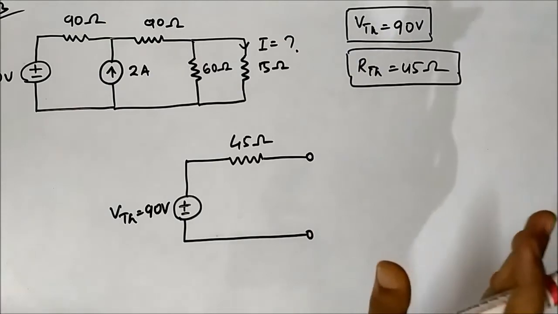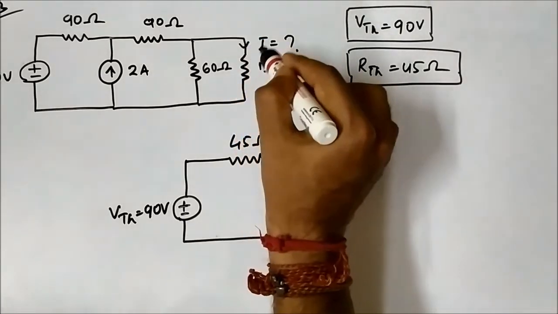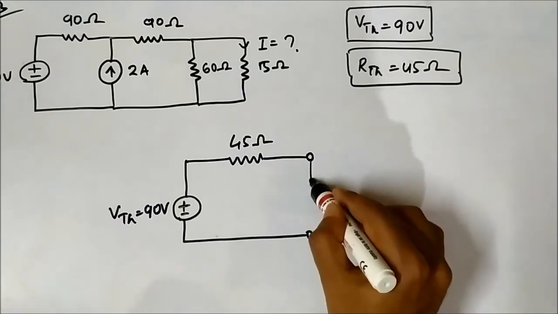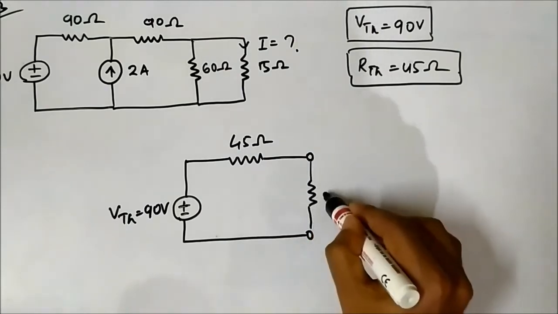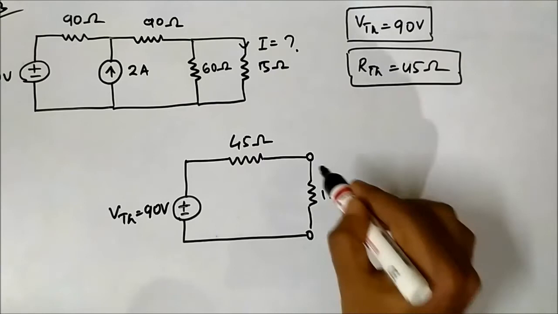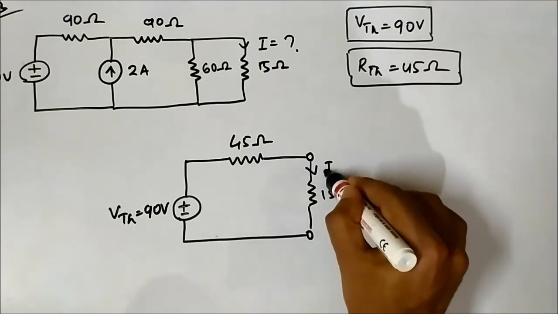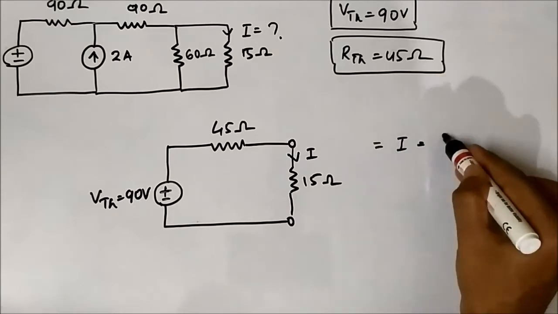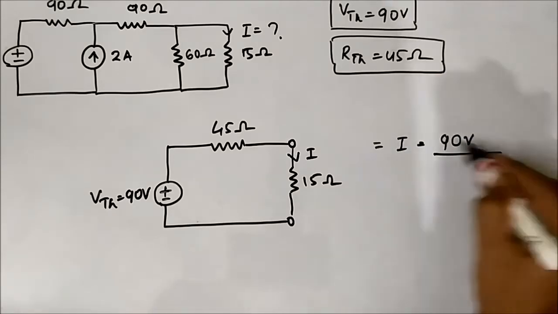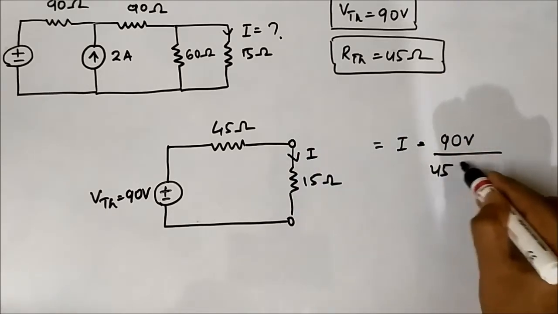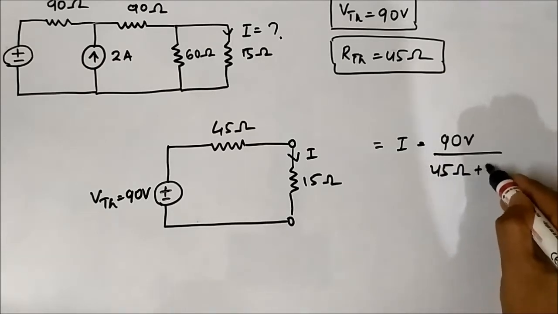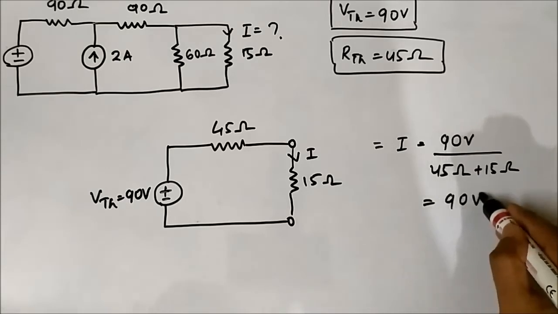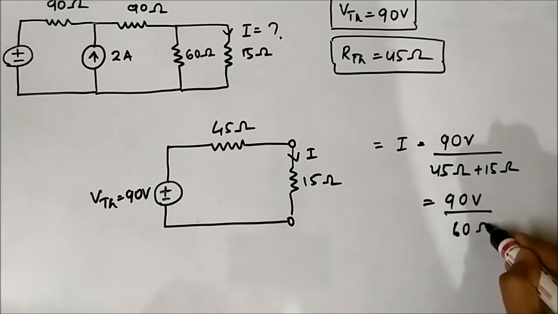Now our objective is to find the current flowing through 15 ohm. So let us reconnect the 15 ohm resistor back. The current I flowing through it is total voltage by total resistance, which is 45 plus 15 ohm, which is 90 volt by 60 ohm.